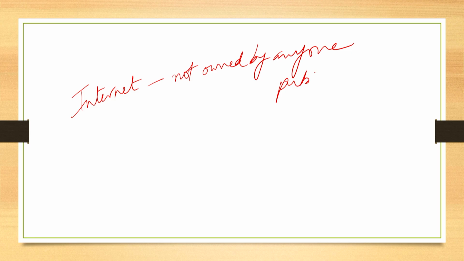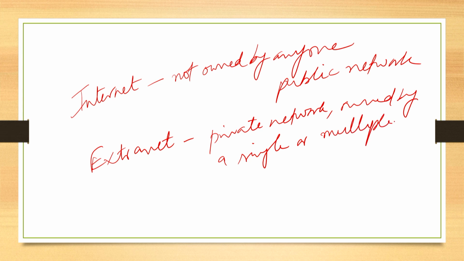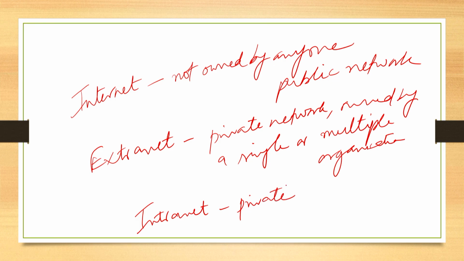It is a public network, anyone can use it, whereas extranet is a private network, and if it is private, it means it is owned by a single or multiple organizations, whereas intranet is also a private network and owned by a single organization.